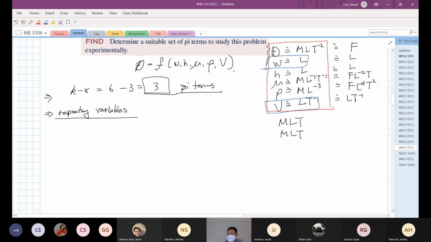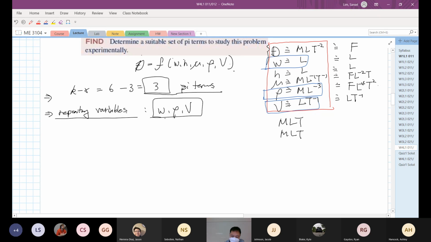Of course, you can choose mu or rho, anything. But here rho is M and L, a combination of 2 basic dimensions. Mu is a combination of the 3 basic dimensions. So it's going to make your life a little bit easier by choosing rho here. But of course, you can choose mu. That's fine. So we chose W, rho, and V.